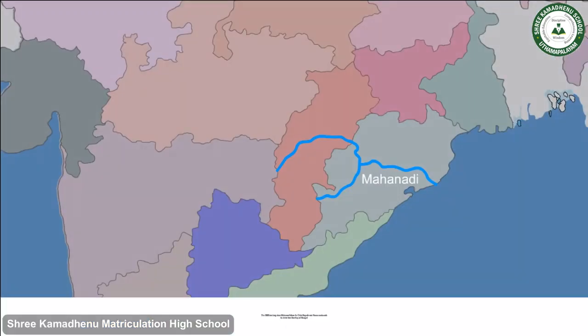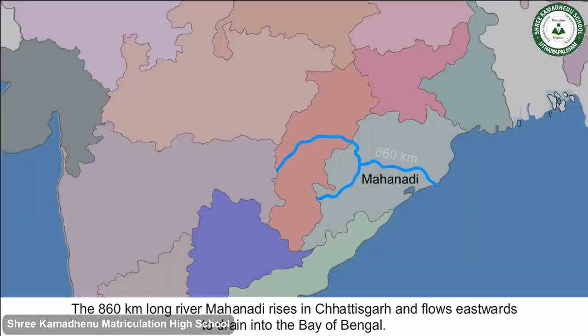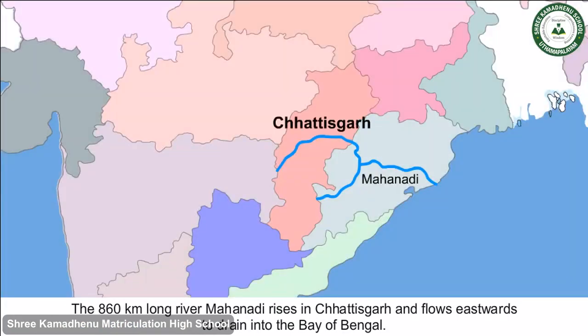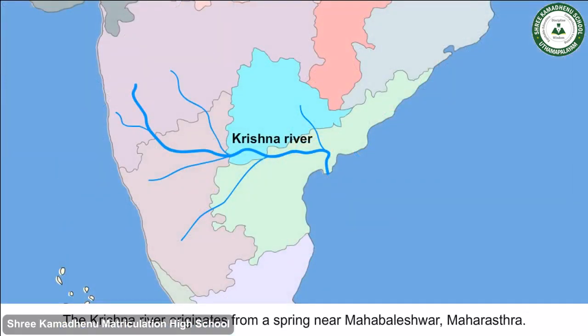Mahanadi Basin. The 860 kilometers long river Mahanadi rises in Chhattisgarh and flows eastwards to drain into the Bay of Bengal. Its drainage basin is spread into the states of Maharashtra, Chhattisgarh, Jharkhand and Odisha. Krishna Basin. The Krishna River originates from a spring near Mahabaleshwar in Maharashtra.